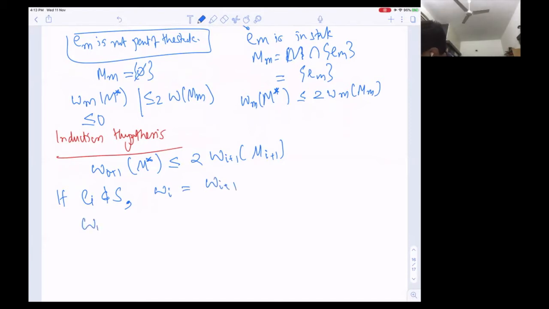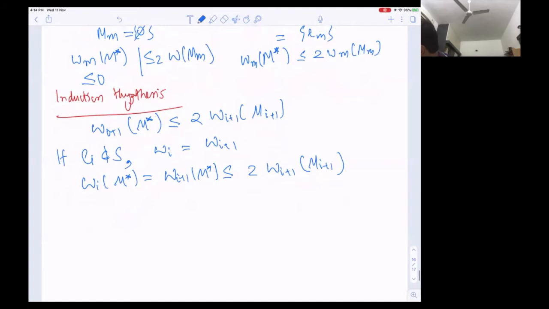Then this is simple. w_i of M star is equal to w_{i+1} of M star, which by induction hypothesis is less than or equal to 2 times w_{i+1} of M_{i+1}. But because e_i does not belong to the stack, M_{i+1} and M_i are exactly the same thing.